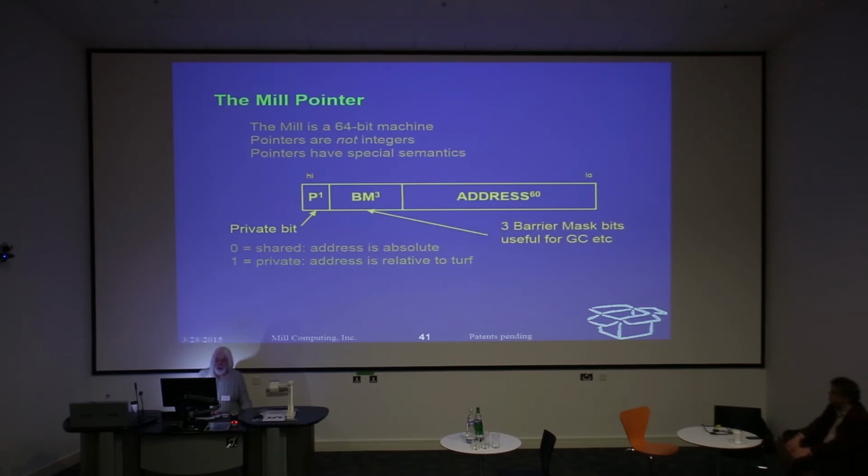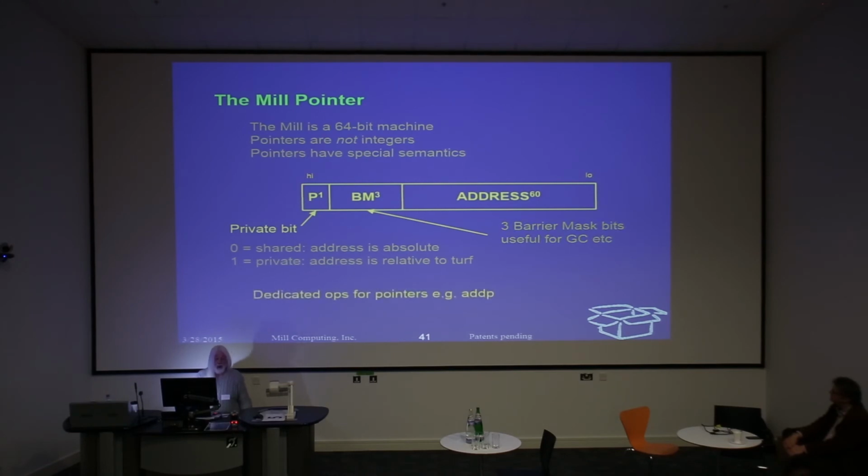The barrier mask bits are used to support simultaneous garbage collection and speed up garbage collectors by something in the vicinity of 25%, because it is no longer necessary to check whether a particular pointer has already been looked at or not, because the hardware does that for you.